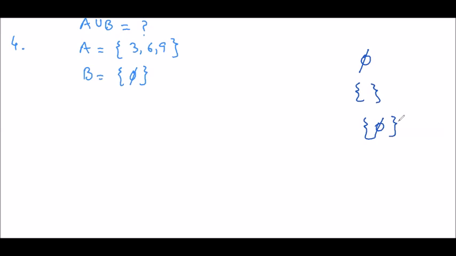Now you must remember that this is an empty set. This set has nothing. This is also empty. You see, this is not empty. This contains an element, and the element is also an empty set. If you put any dot in this, even then it is not empty.